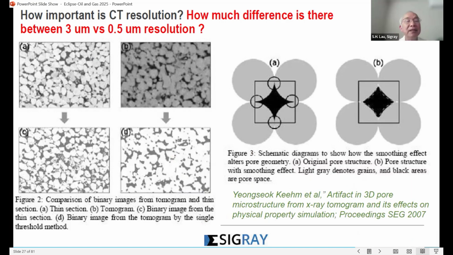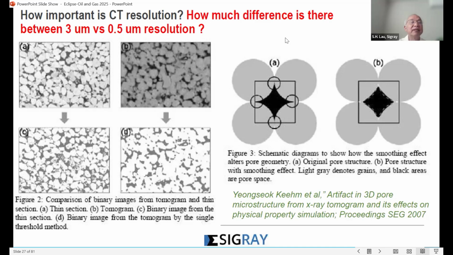Let's say you have a microscope or X-ray microscope or a micro CT that has a resolution of 3 microns or 1 micron or whatever, versus another one that is 0.5 micron.